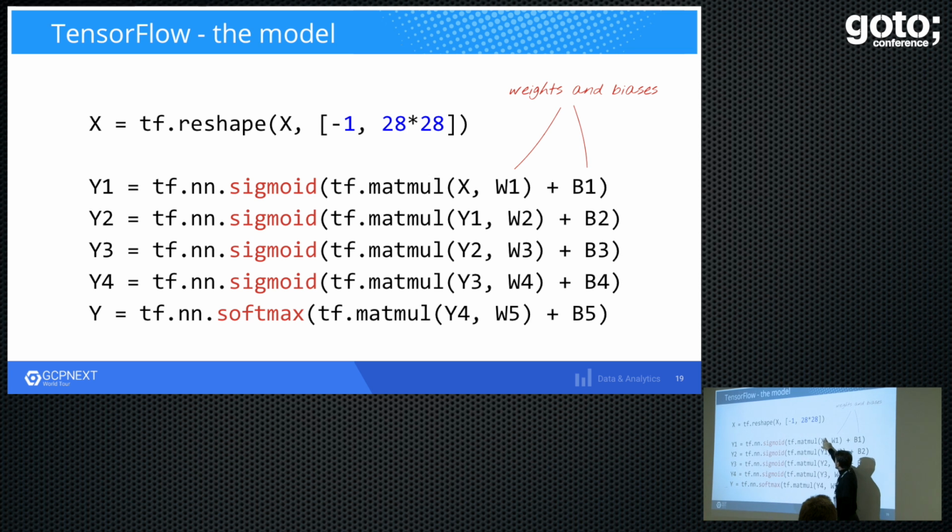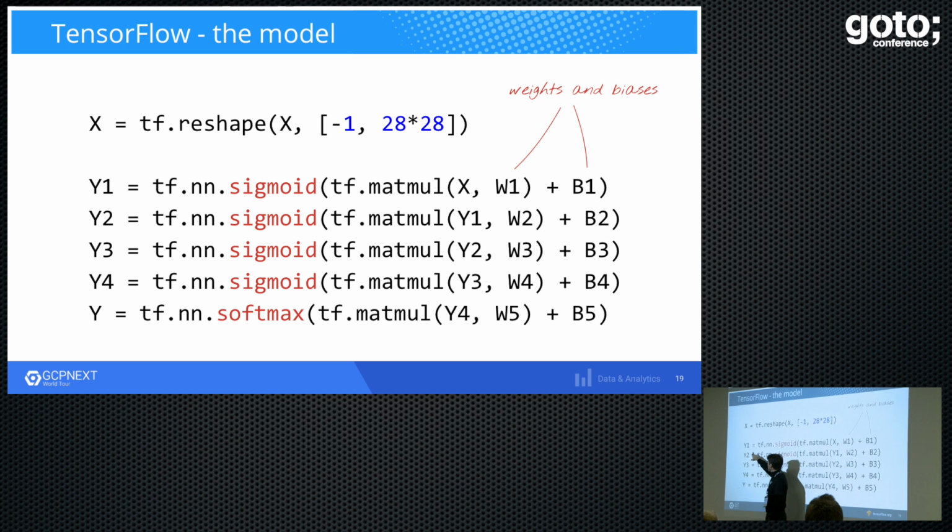With X here, the inputs, this is our matrix holding our 100 images. Well, now on the second line, we do exactly the same thing, but as the input, we take the output of the previous layer. And that's it.